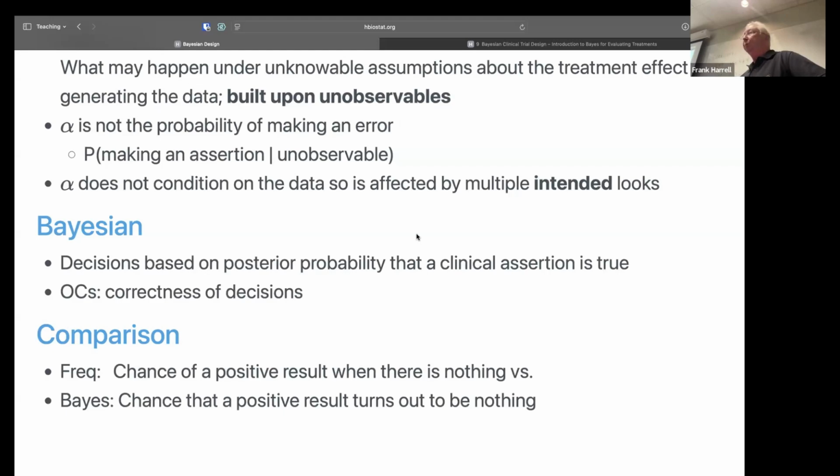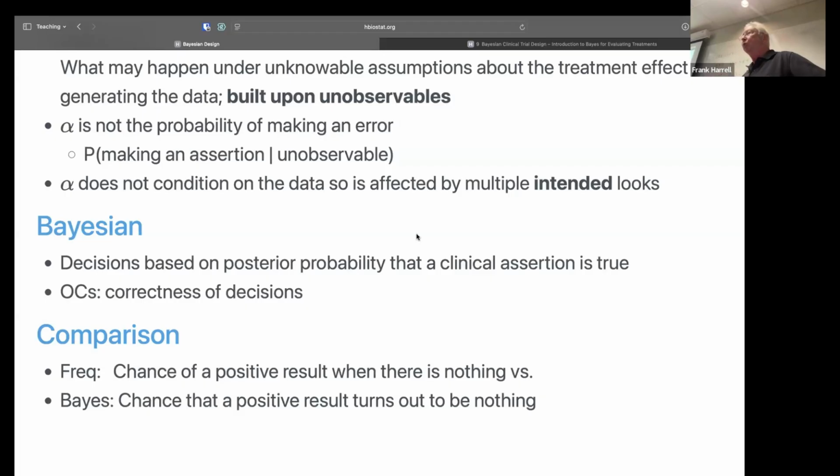So anyone else, if you're betting on a basketball game, you're betting on a horse, you're deciding whether to cross a busy street with traffic, you are not conditioning on something that's unknown. The way you conceptualize risk and what can go wrong: what's your probability of being hit by a car?